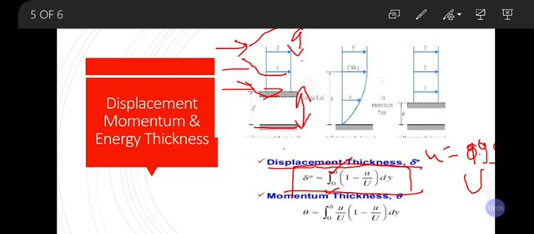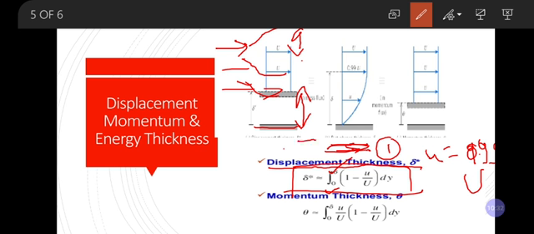Or simply, if I have a very thin flow zone from which the flow takes place, I will have some momentum in it, and the loss of momentum taking place in the boundary layer zone should be the same.